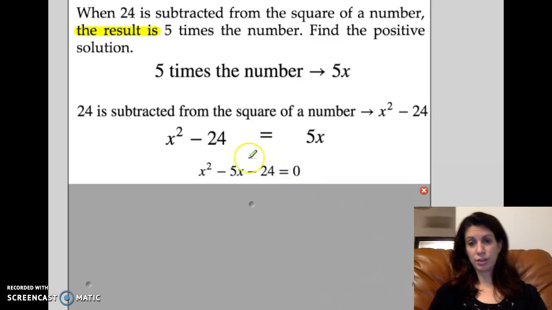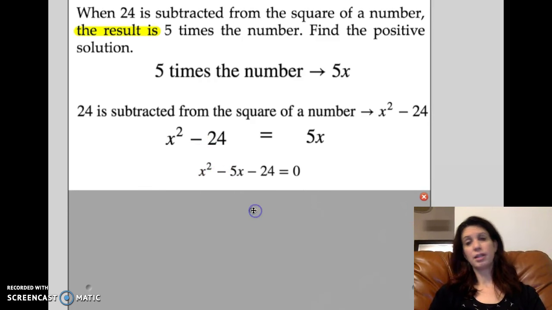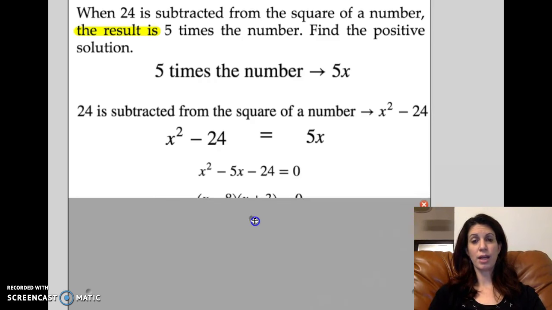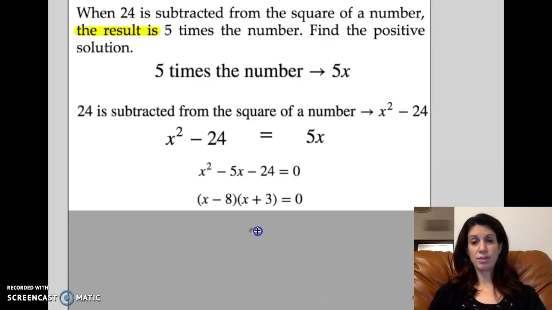And then finally, you're looking for two numbers that multiply to get negative 24 and add together to get negative 5. I'm going to think: there's 2 times 12, there is 4 times 6, but there's 8 times 3. 8 times 3 is 24, and 8 and 3 can give us 5.